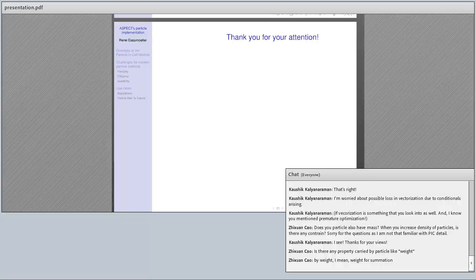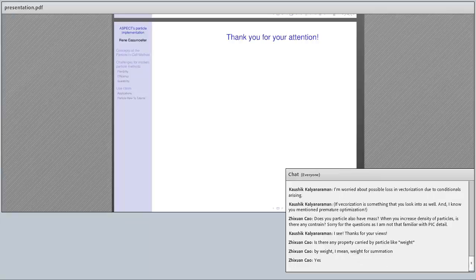By weight, you mean weight for summation. I suppose you mean how to transfer the properties on the particles towards the grid nodes. No, there's not. But you could add one. In the reference implementation that is currently in Aspect's developer version, the only interpolation algorithm from particles to mesh is the cell-wise constant average, which gives every particle the same weight.